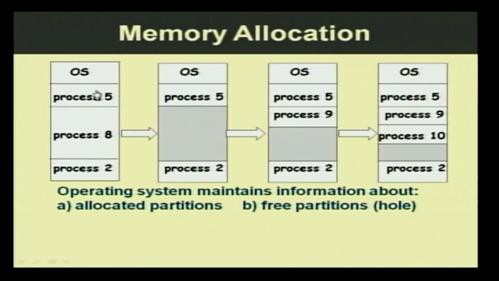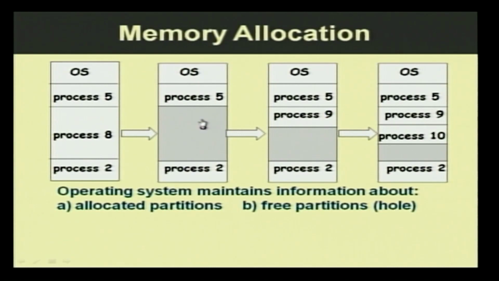In the figure, the operating system has 3 processes under execution: process 5, process 8 and process 2. Assuming process 8 completes and is removed from the memory, there are only 2 processes remaining, process 5 and process 2. The gray area tells you that there is a hole which is generated out of the completion of process 8.